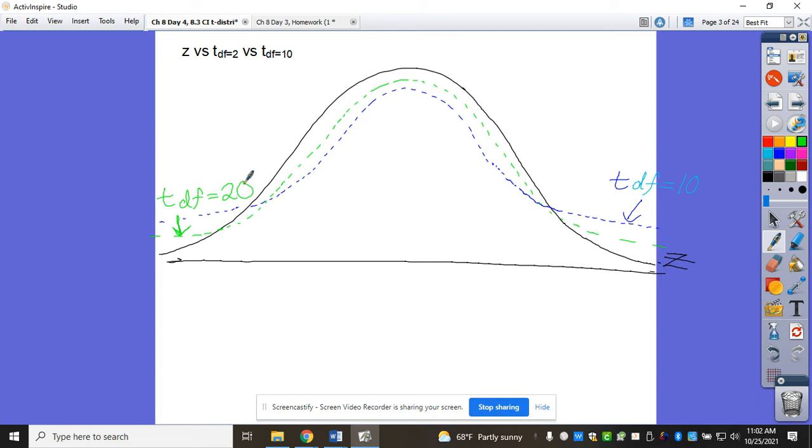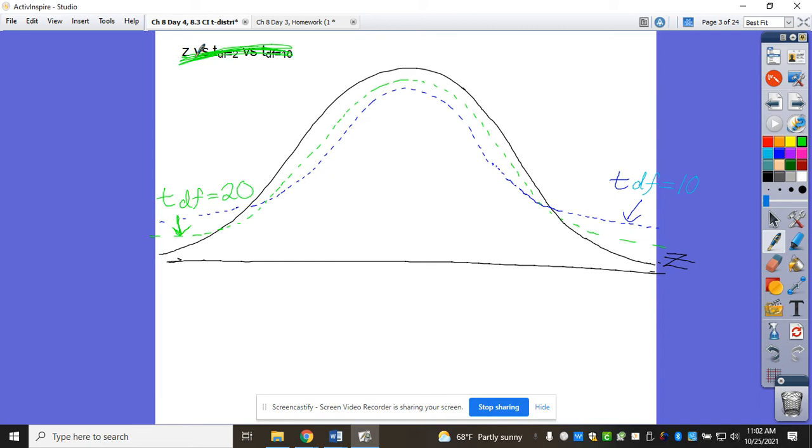So to go from my blue to my green, what's written up at the top? No, that was a reminder to myself of what I was doing here. When I go from blue to green, my sample size is doing what? Increasing. As my sample size increases, my T does what?